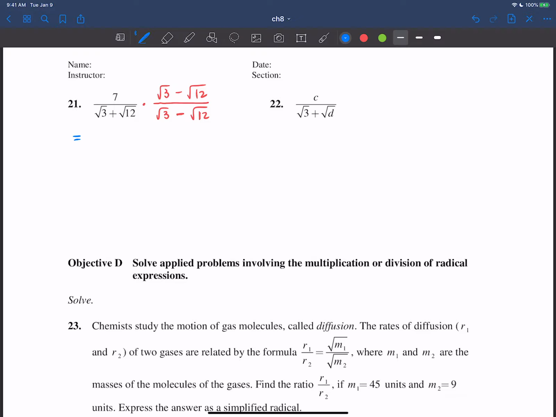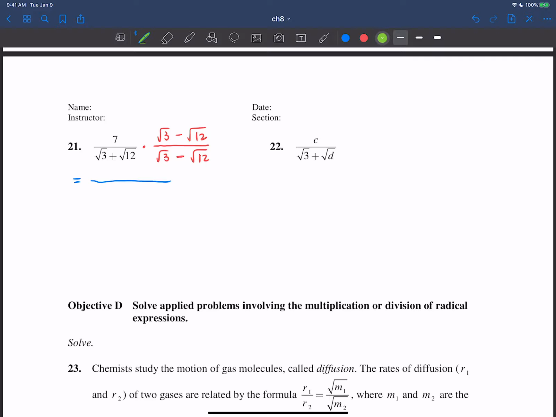So we will multiply by this rational expression. And then let's calculate. For the denominator, you're going to apply the formula a plus b times a minus b equals a squared minus b squared to quickly find out the answer. So in this case, it's going to be square root of 3 squared minus square root of 12 squared.